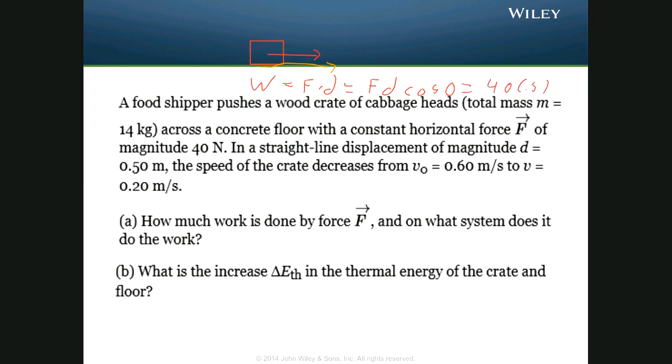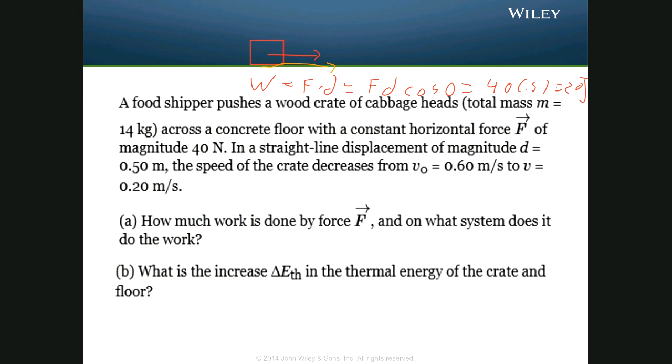But the answer, the 20 joules, is not the whole story, right? We need to figure out on what system it does the work. So is the work being done on the crate, or is the crate doing work? To determine this, we want to check which energies change. Because the crate speed changes, there is certainly a change in the kinetic energy.